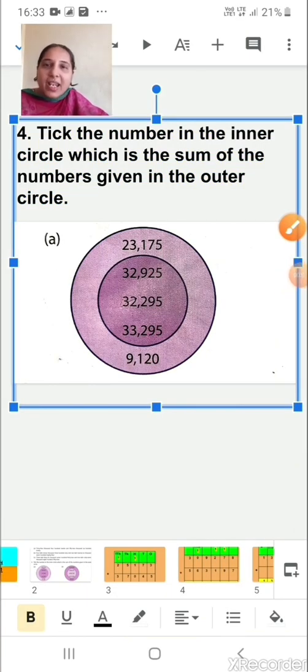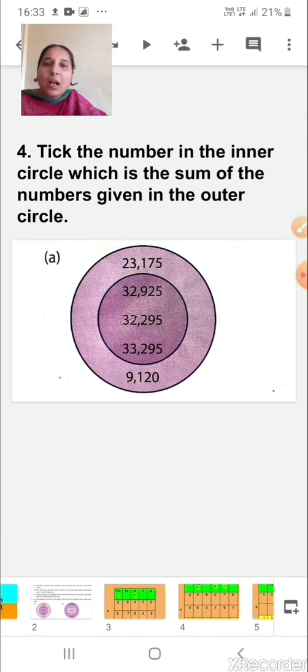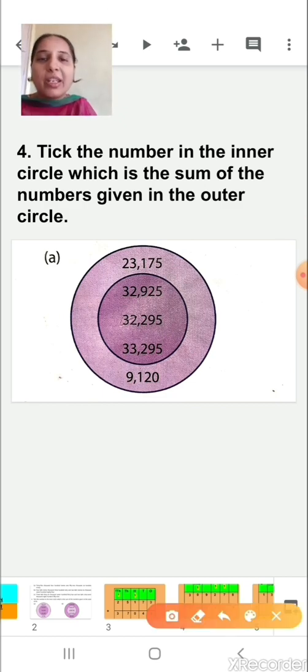So children, now let's see one more example. You can say the same question, tick the number in the inner circle which is the sum of the numbers given in the outer circle. So you can see two circles, the outer one and the inner one. So in the outer circle the numbers are being given 23,175 and 9,120.